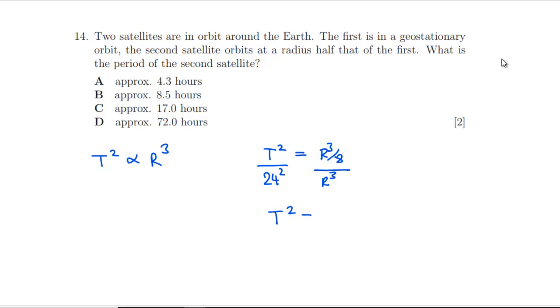So our T squared is going to be 24 squared over 8. So that's 3 lots of 24, which is 72. T is the square root of 72, which is 6√2, because that halves into 36. 6√2 is going to be about 8.5, give or take. Right, so there we go, B.